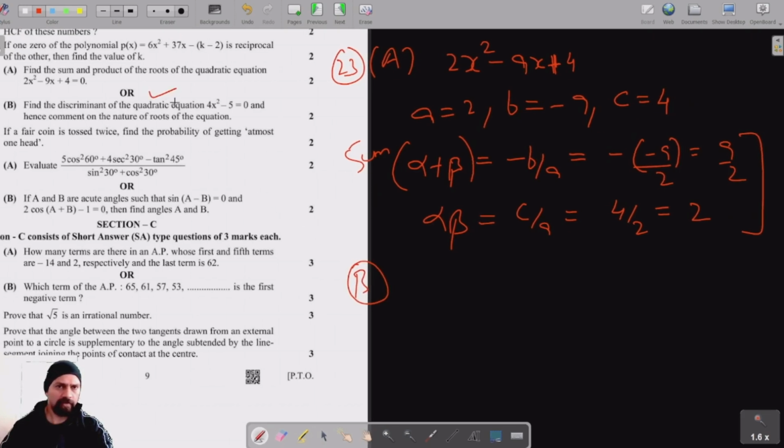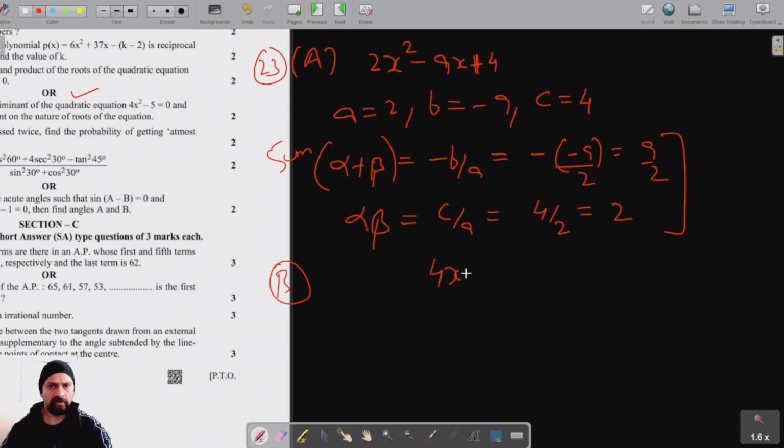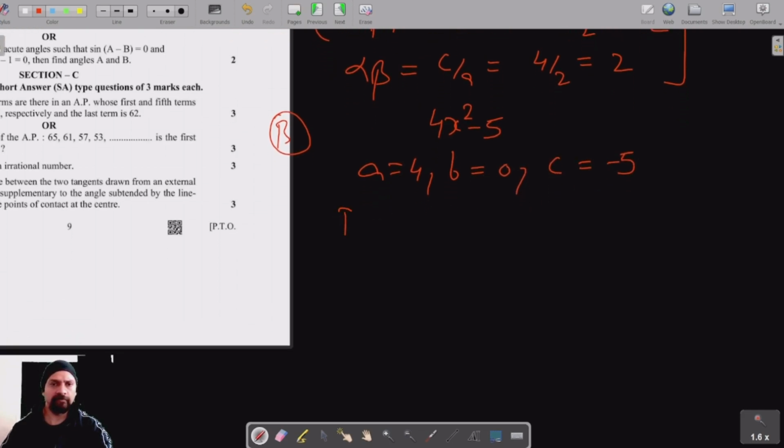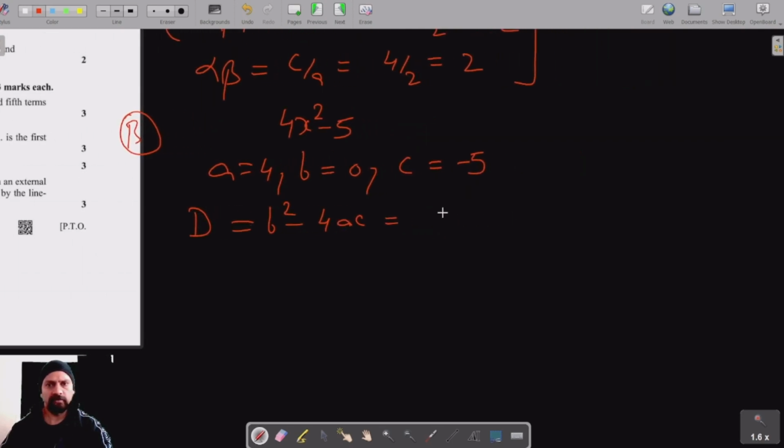We have to find the discriminant for the quadratic equation 4x square minus 5, where a is equal to 4, b is equal to 0, and c is equal to negative 5. And we know the discriminant is given by b square minus 4ac, so b square is 0 square minus 4 into a into c, which is negative 5.